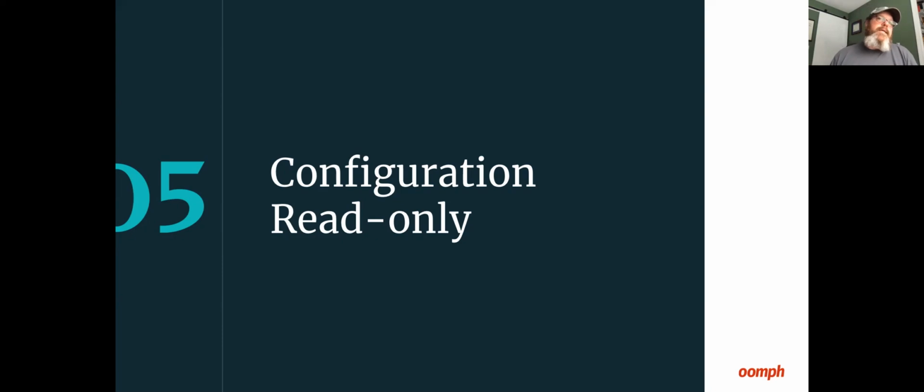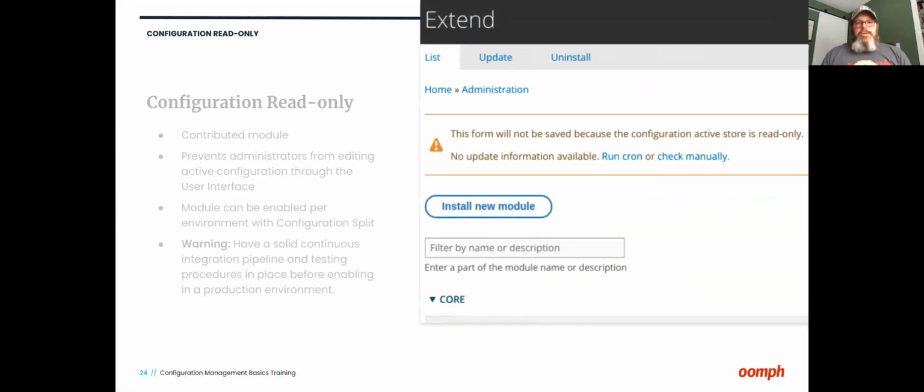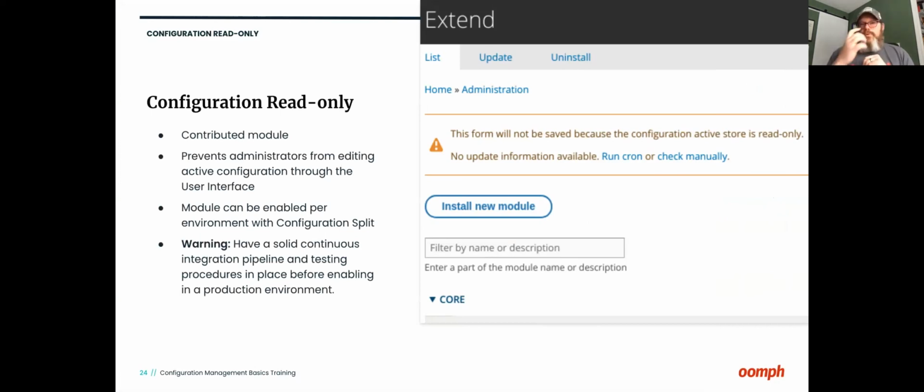So config read only. Config read only is a great module, especially if you like to make sure that clients or site users aren't doing anything on the production site that they shouldn't be. One of the big use cases for configuration management is that it allows you to store site config and then test it and deploy it, which is a hallmark of scalability and reliability, right?